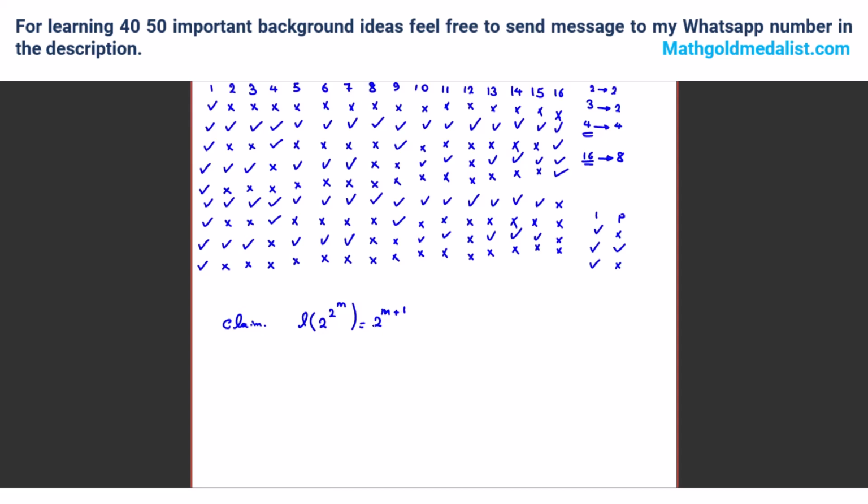And if you want to prove this, we should prove this one, and also we should prove if a is less than or equal to 2 to the 2 to the m minus 1, less than 2 to the 2 to the m, length of a divides 2 to the m, right? Okay, we should prove these two things.